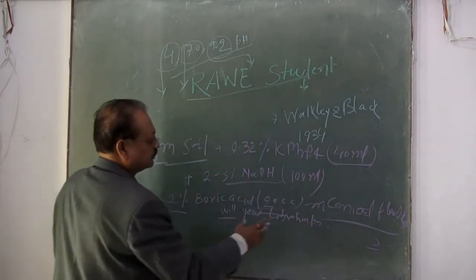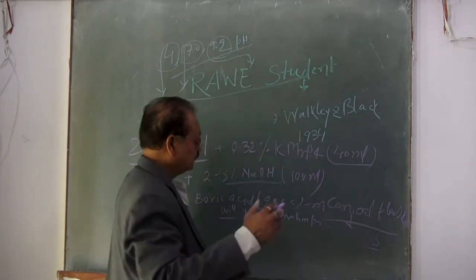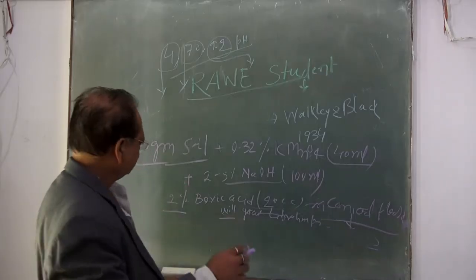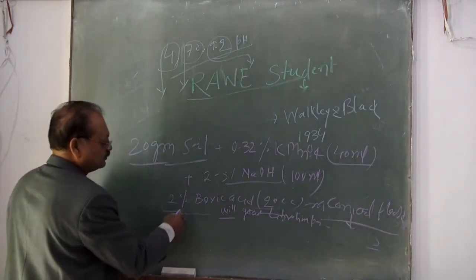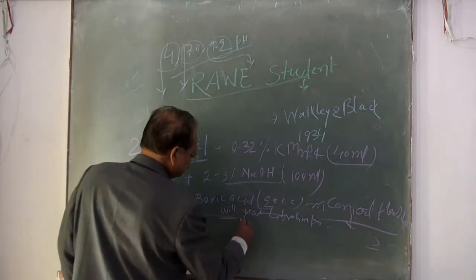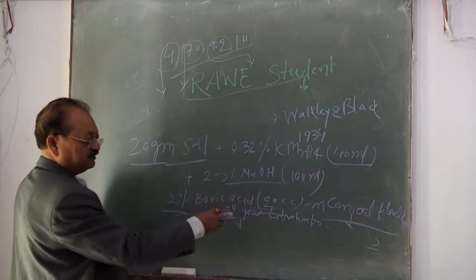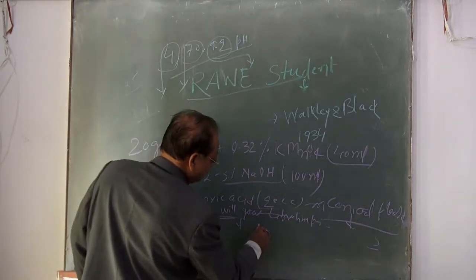This conical flask is called a receiver. It will receive the gases. Whatever gas comes out will be absorbed in this 2% boric acid. Whenever the gas comes, this boric acid will become pink.